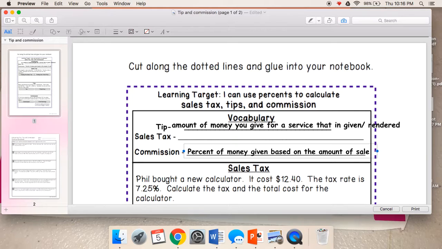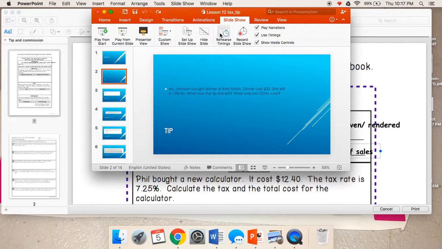And the more the car costs, the amount of money they sell the car for, the more money they get based on that. And that is commission. It's the money on top of or based off of the amount of sales. Go ahead and write that down on your paper as well. Then I'm going to click over and we're going to look at a question on the PowerPoint that you'll have.